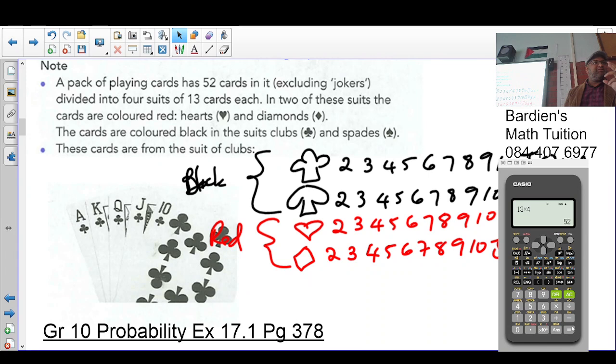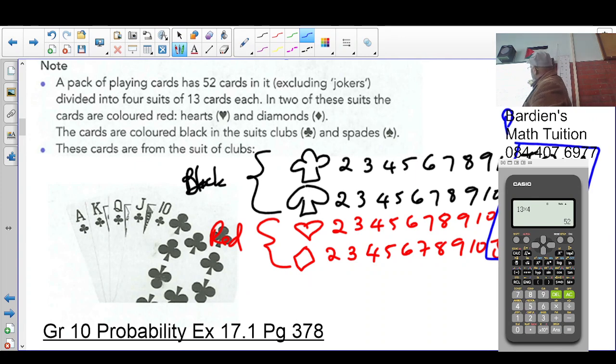Now, I need to say this at this point as well. Some use the ace as a picture card. So these are picture cards. Whilst other textbooks do not use the ace as a picture card.